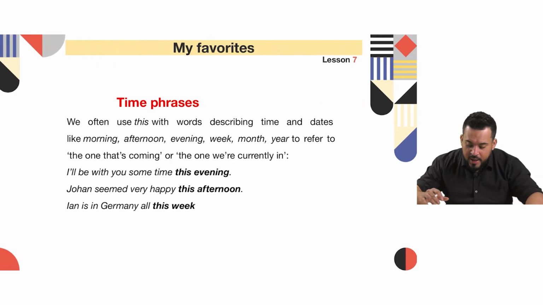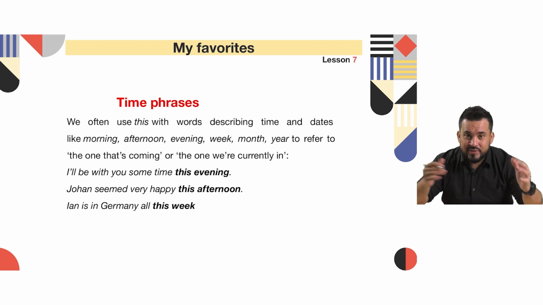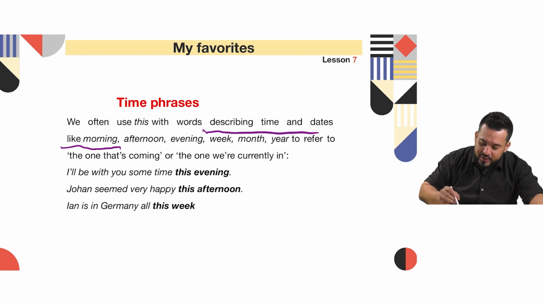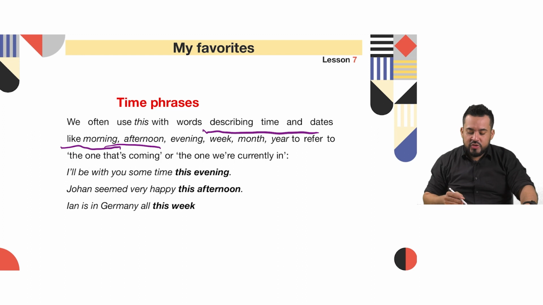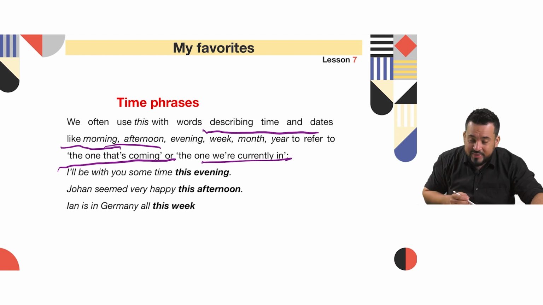All right. Now, time phrases. We use this with time phrases, for example, when we describe time and dates, like morning, afternoon, evening, week, month. We use this for the one that is coming, or the one we are currently in.